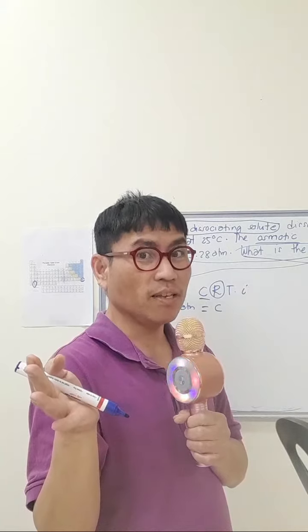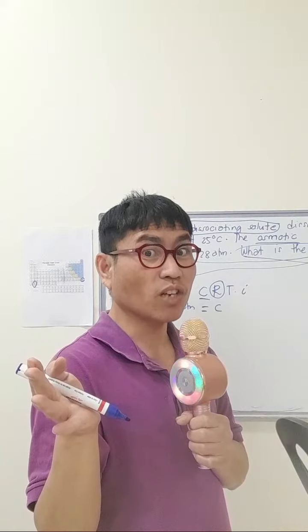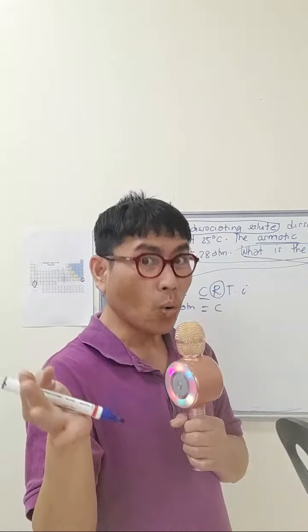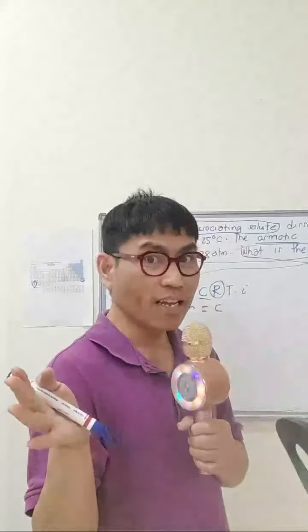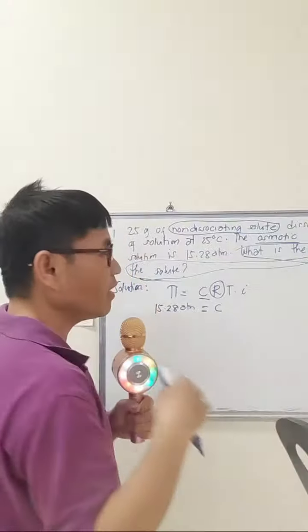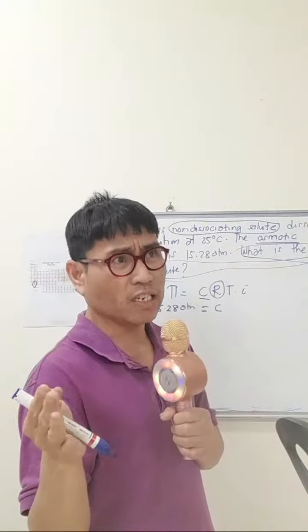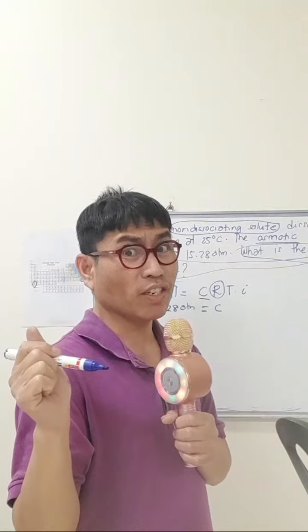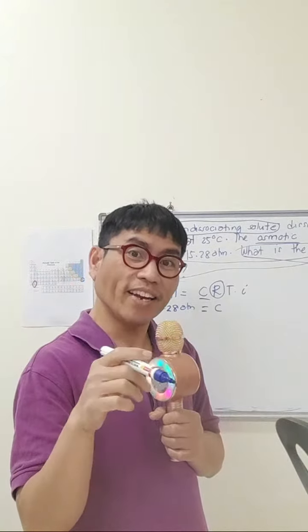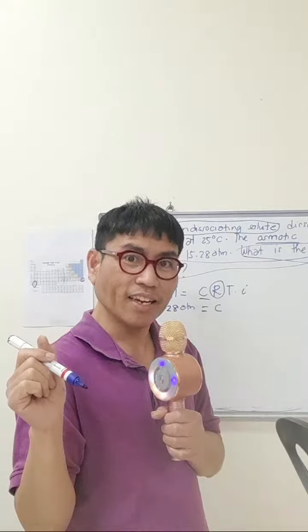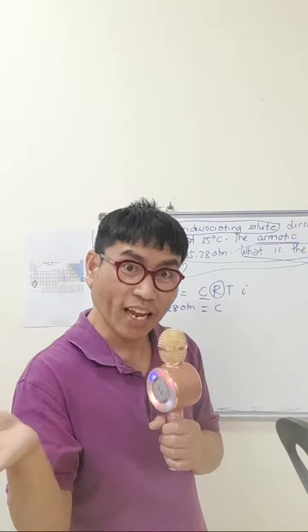Use STP, standard temperature and pressure, in your assumption, and you can get your own universal gas constant even though you did not memorize. STP is temperature 0 degrees Celsius and pressure 1 atmosphere. You need to say at 298 Kelvin, not the 25 degrees Celsius.